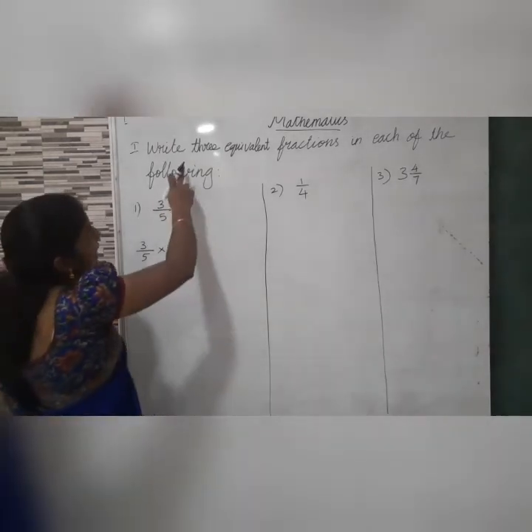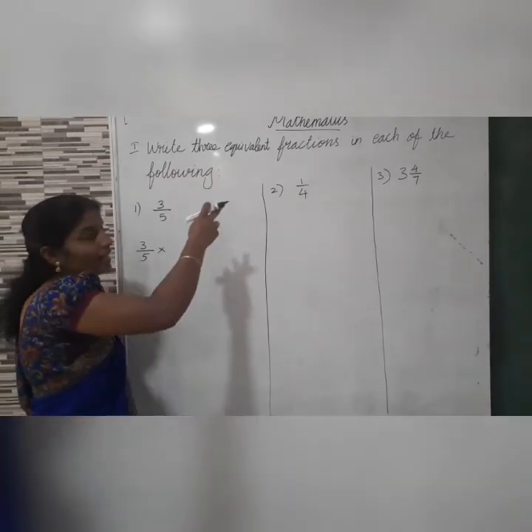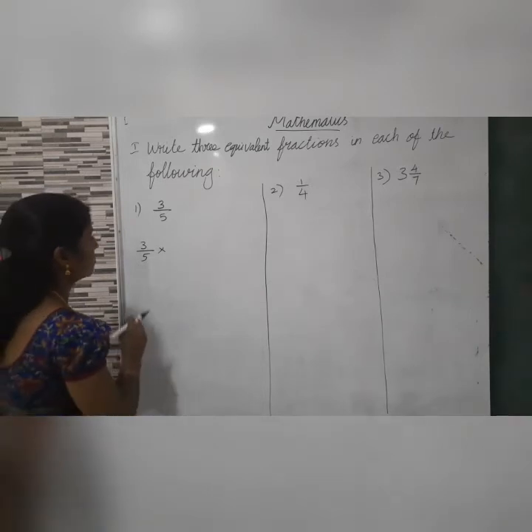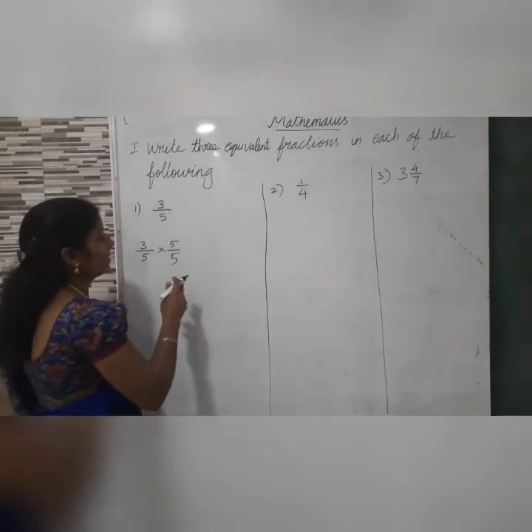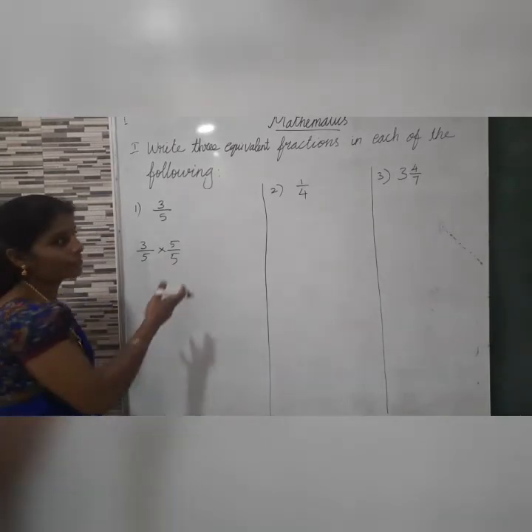But here they say write 3 equivalent fractions, so we can write any 3. We can multiply by 5 by 5, or 6 by 6, 7 by 7, 25 by 25 like this.